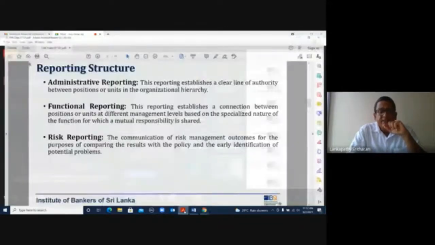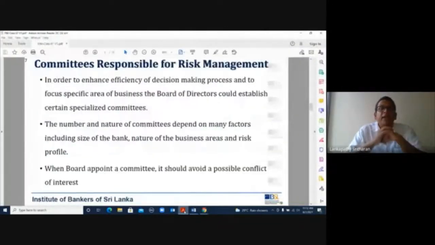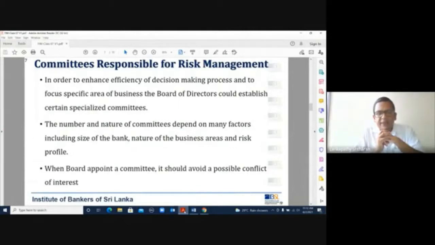Okay. Then we will move to the committees responsible for risk management. I have already explained to you all that for risk management functions, different committees get involved. Some of the committees I have already explained, and here we are going to see some more committees.